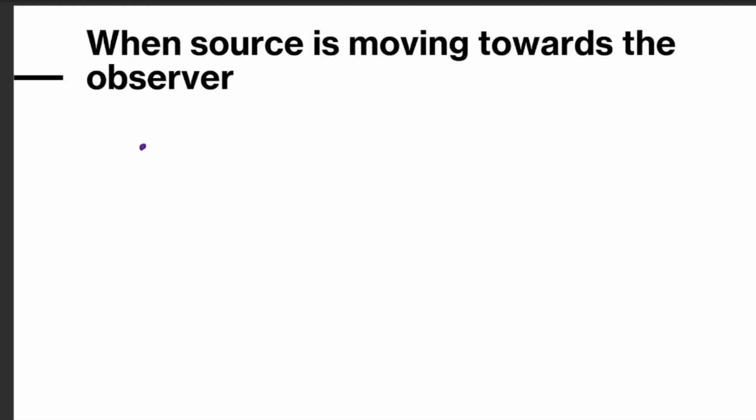This is S and this is the observer O, and the observer is stationary and the source is also stationary initially. Let me draw the diagram first for the sound wave. So the sound wave is traveling like this and reaching towards the observer.